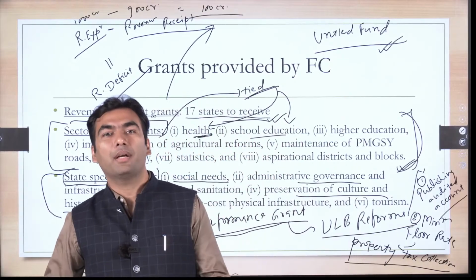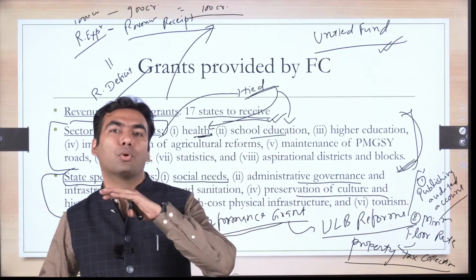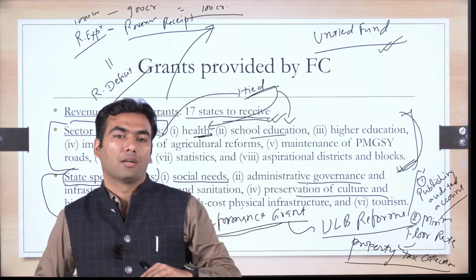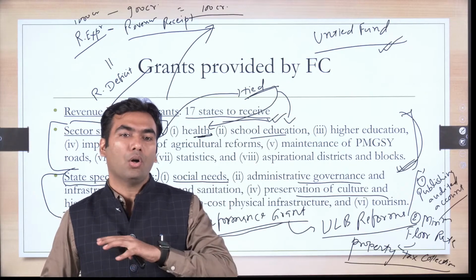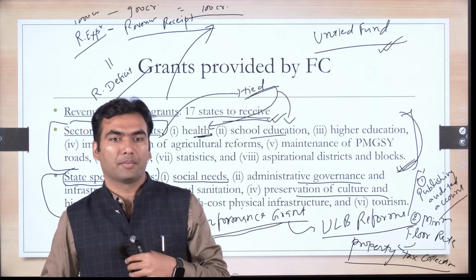So, a state government must fix the minimum floor rate for property tax collection for all its urban areas.